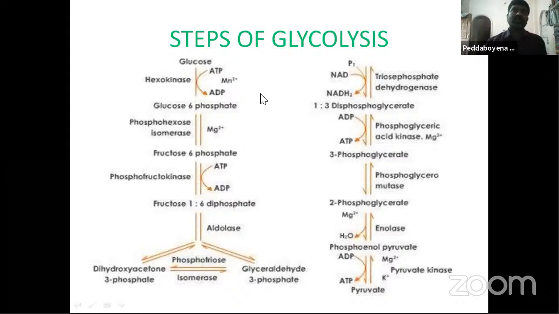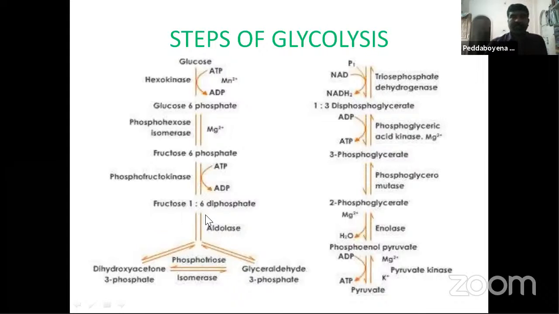So there are two steps in the investment process: one is glucose to glucose 6-phosphate, and the other is fructose 6-phosphate to fructose 1,6-bisphosphate. In these two reactions ATP acts as a phosphate donor to the substrate. That's why these two reactions are called the investment phase.